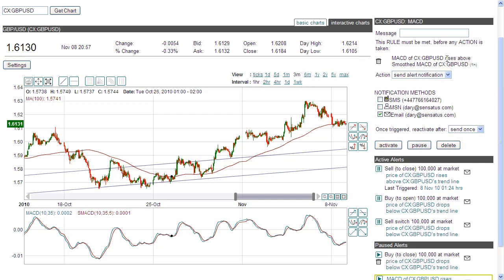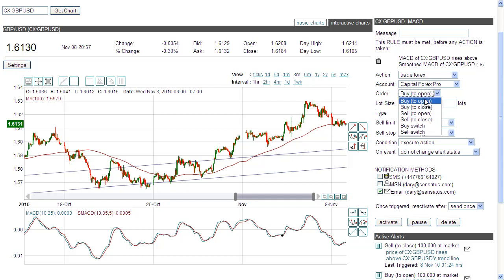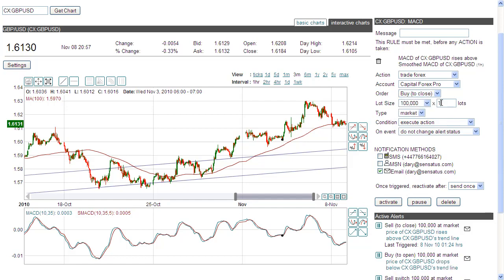So I have a MACD positive crossover based on a 1 hour interval, and the MACD indicator uses the selected interval on the chart. So this is a 1 hour interval. I will buy to close 100k position.